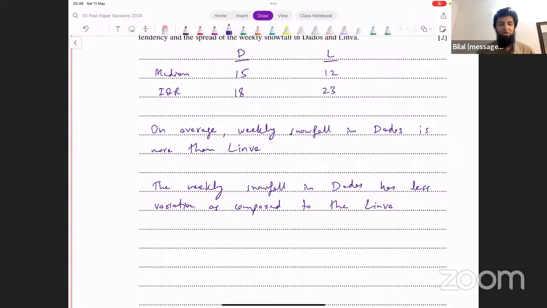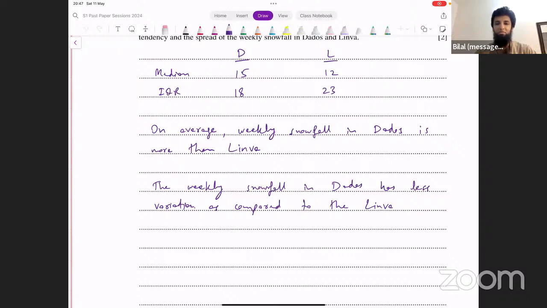These are two statements that you have to write. You can write them in your own words, but you have to contextualize them. Relate them to the data that is given. Okay, don't just write general statements. Median is higher and interquartile range is higher or lower here. Explain what that means. Okay, interquartile range is telling you how much variation is there.